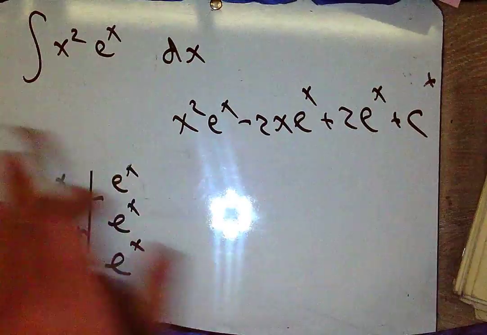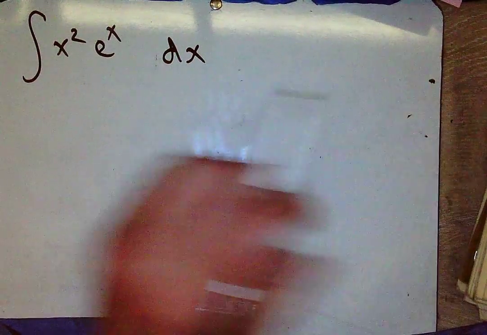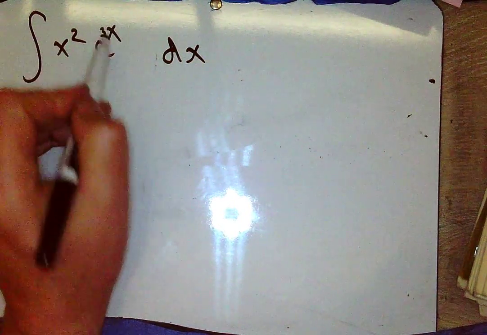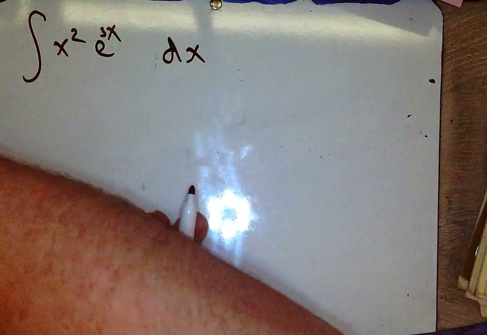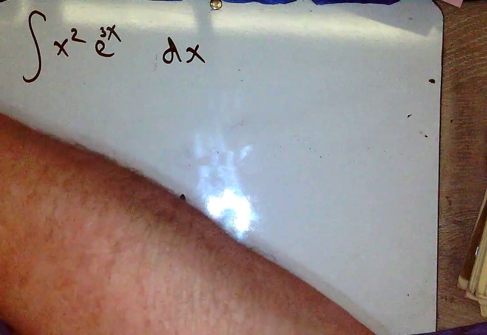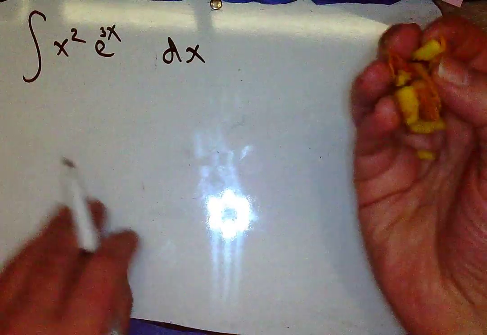Hey, let's change this problem a little. How about if I had 3x here? How would this problem be different? I still want to use tabular.